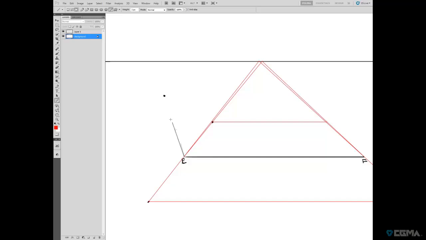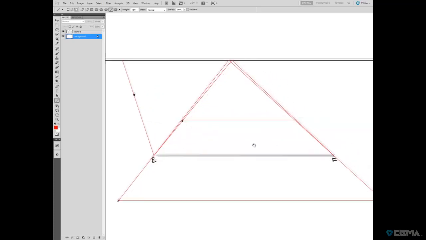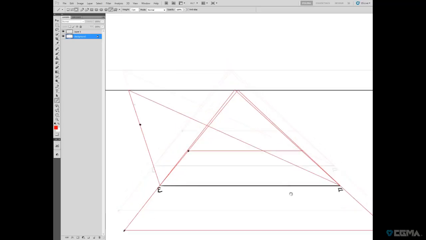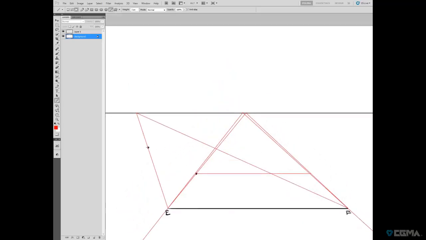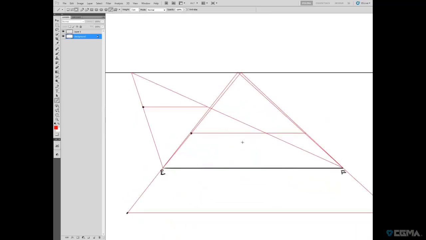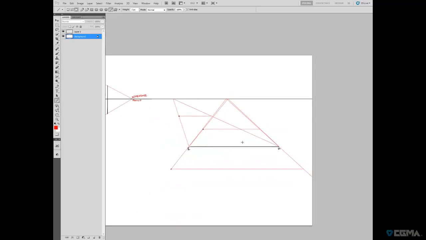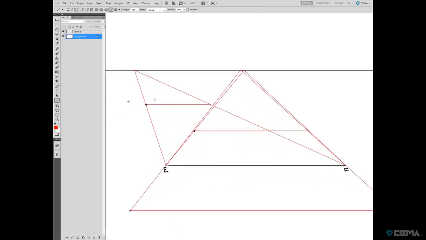And now for the final dot, again, take it from one end of the line, through that point to the horizon, and back down to F from that reference point that we just found, and draw a horizontal line, and that gives us the length. We have now transferred line EF into 3 different points.